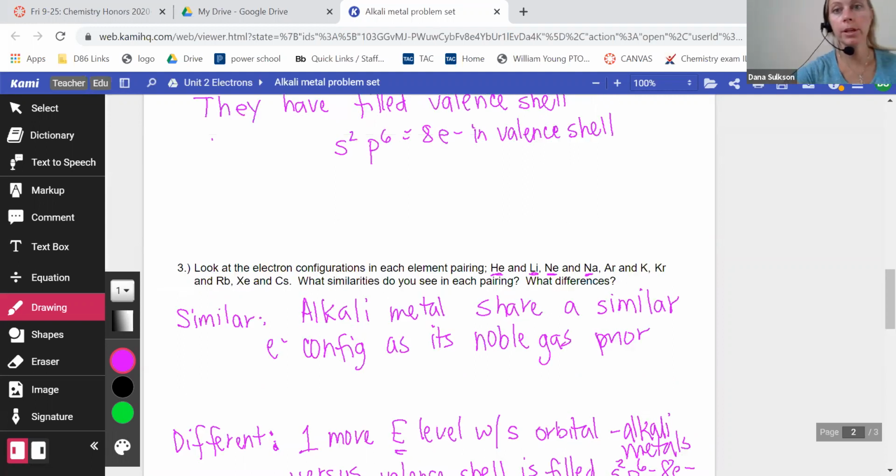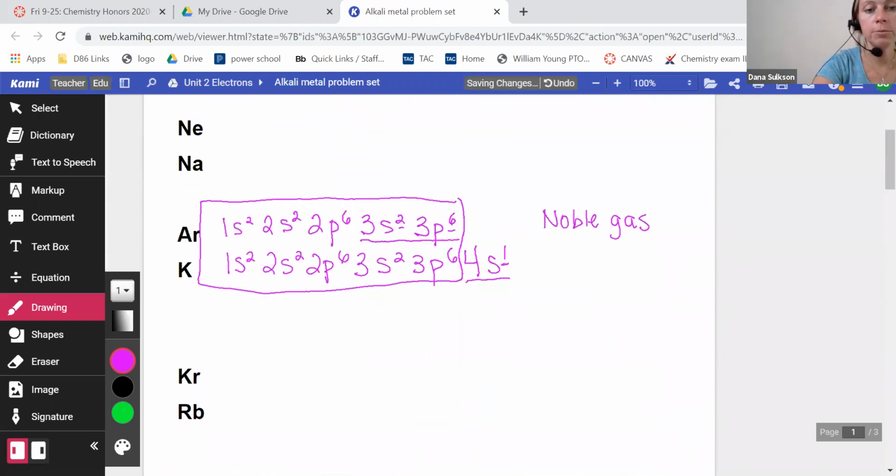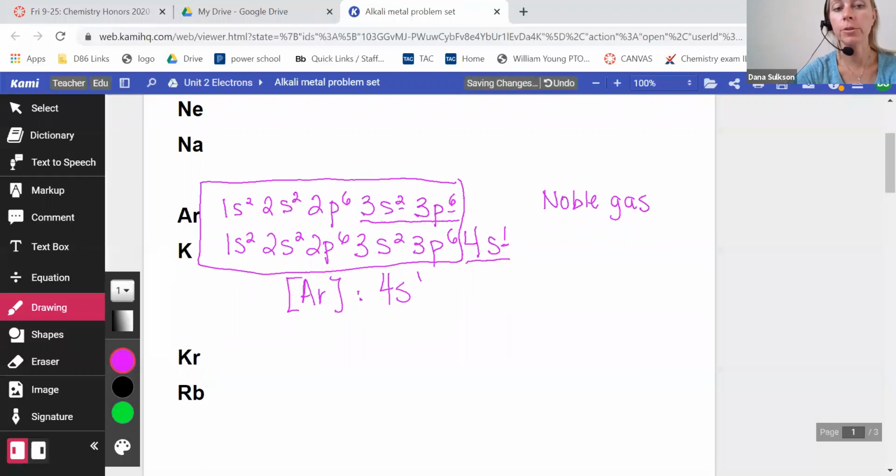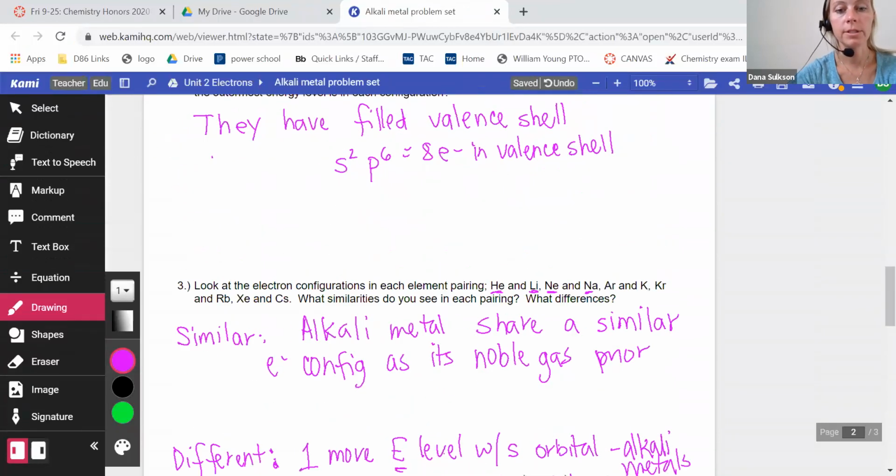Just pretty much the reason why we can use our noble gas configuration in our shorthand. So I could use argon in my shorthand and continue to make our next one, which is the alkali metal, which is just adding 1 more atomic number.